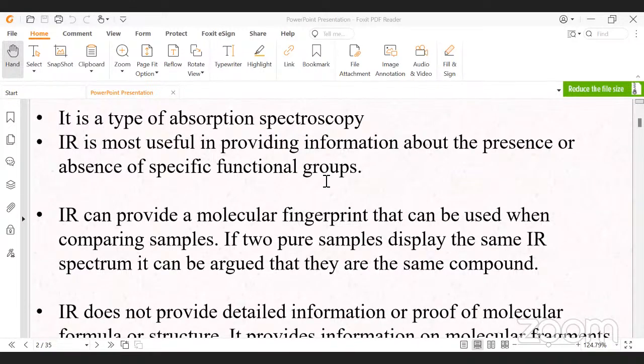Introduction now. What is the use of studying FTIR spectroscopy?